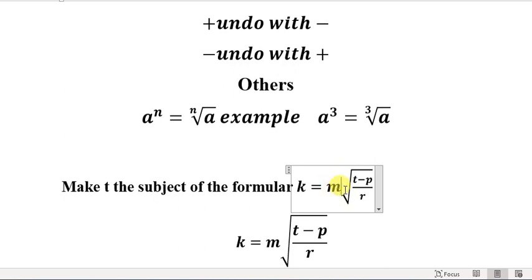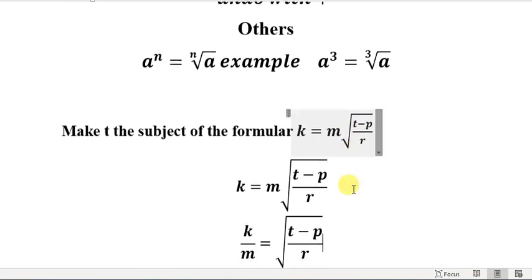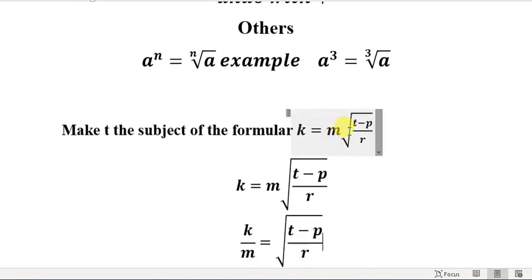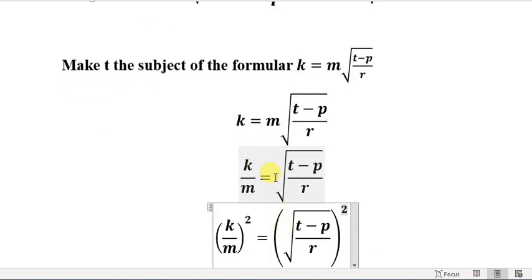So, because it is multiplying, we have to undo this multiplication operation between m and whatever that is under the radical using the division sign. That is, we divide both sides by m. In doing so, I believe you agree with me that m is found at the right hand.